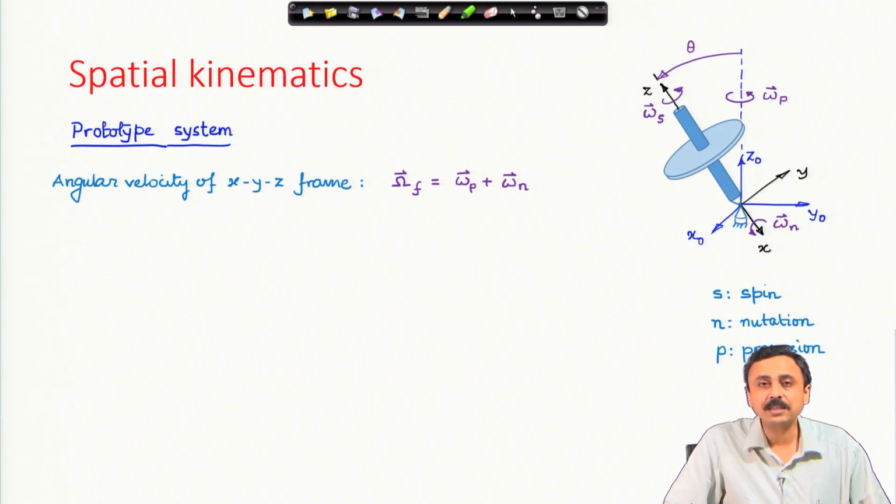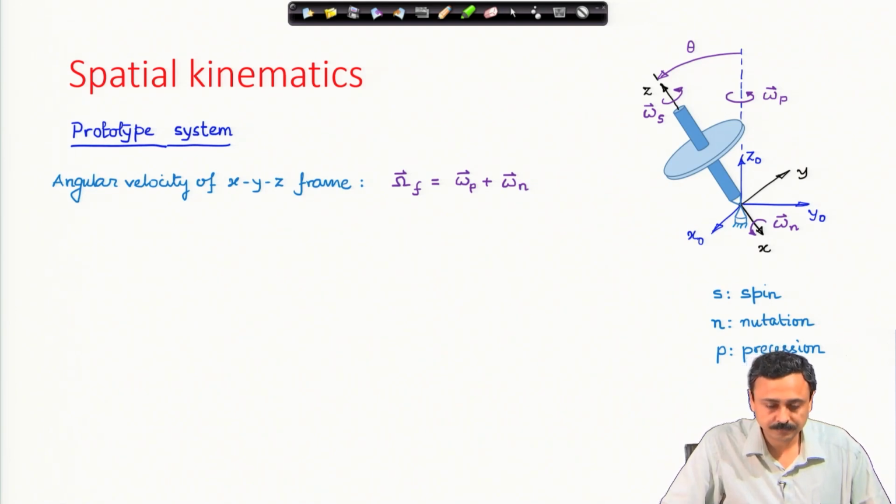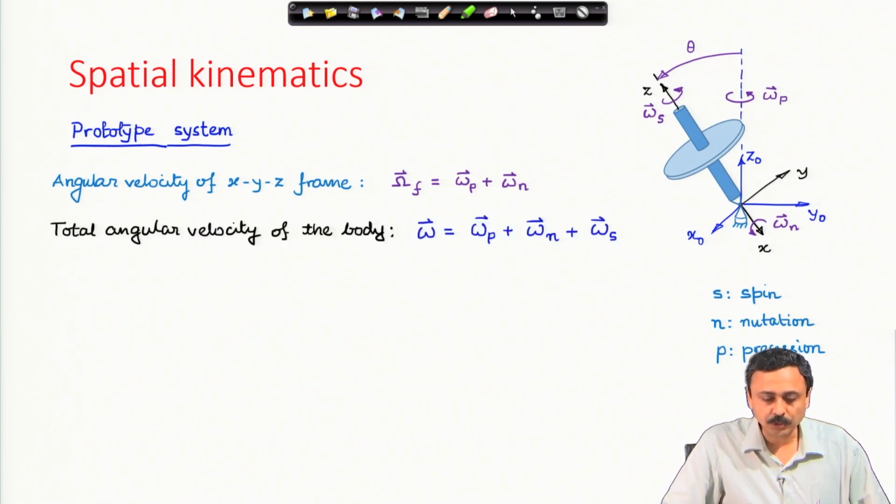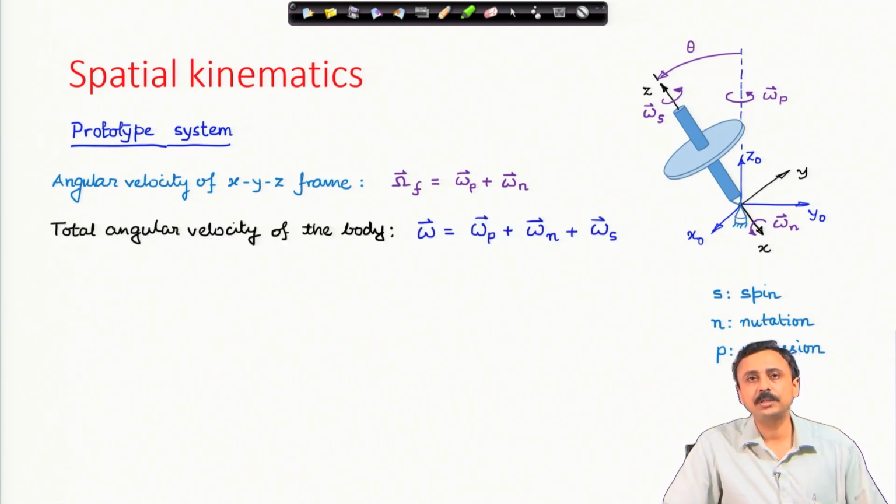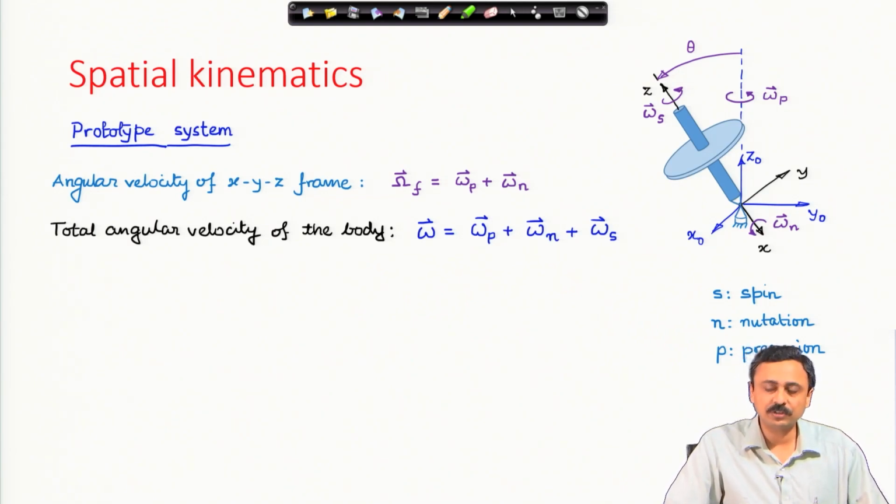And remember, this x axis always lies in the x naught y naught plane. The total angular velocity of the body is nothing but the angular velocity of the frame plus the angular velocity of the body with respect to the frame. Therefore, it is omega p plus omega n plus omega spin omega s.